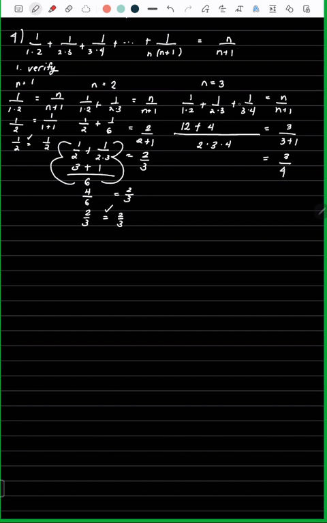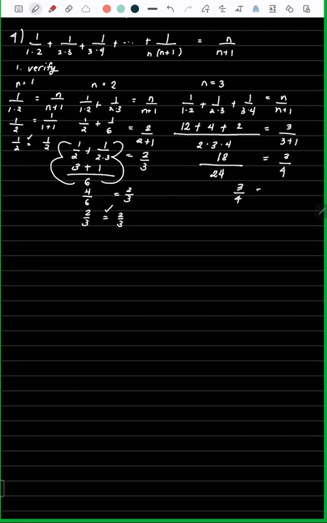24 divided by 2 times 1 is 12. 24 divided by 6 is 4, times 1 is 4. And 24 divided by 12 is 2, times 1 is 2. So again, our denominator here is 24.